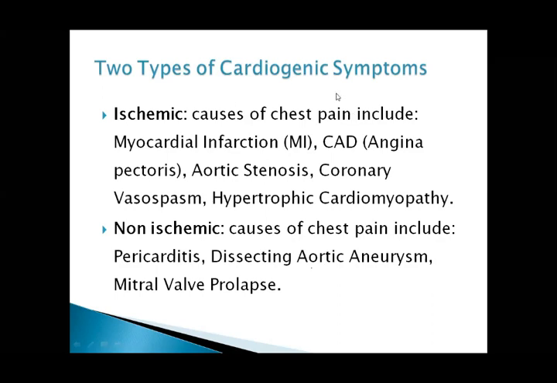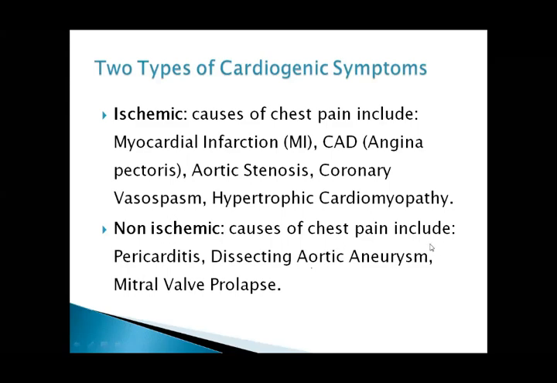This is called ischemia. Ischemic causes include myocardial infarction, coronary artery disease or angina pectoris, aortic stenosis, and coronary vasospasm. Vasospasm means suddenly the vessels go into severe contraction. Also hypertrophic cardiomyopathy, in which your heart size increases.